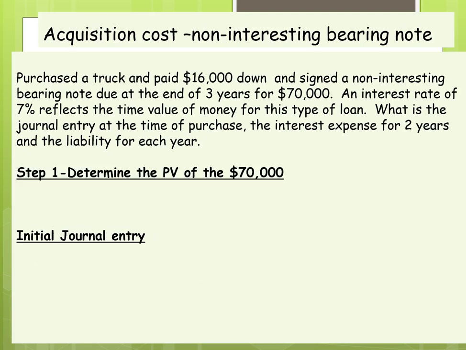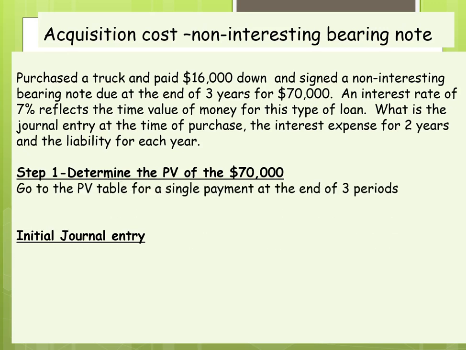So, first we have to determine the present value of $70,000. Now I'm using present value because this is a single sum that's received at the end of 3 years. So I go to the table, I have a single payment at the end of 3 years, and N is 3 and I is 7, and there's my factor, and I take it times the $70,000, and that gives me the net present value of the $70,000 in today's dollars.